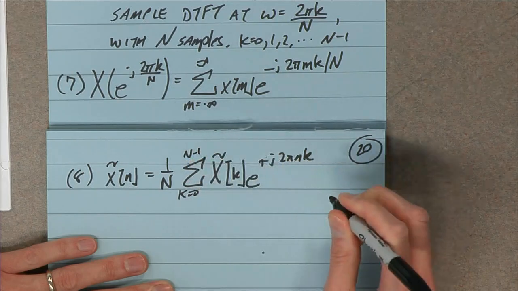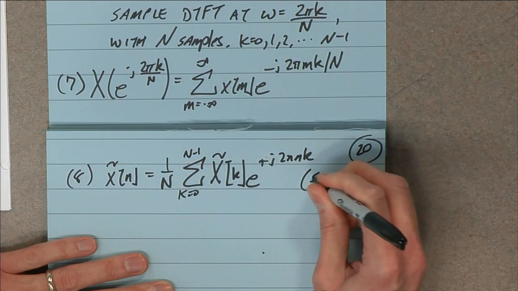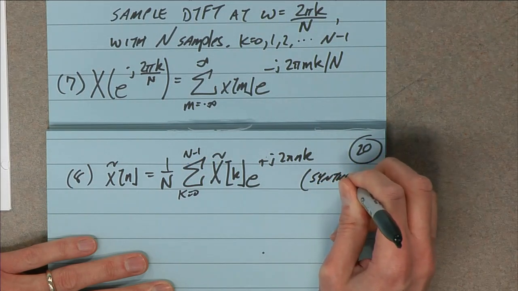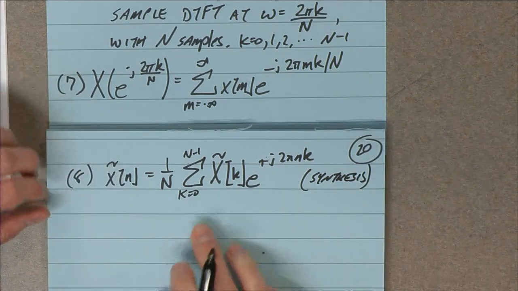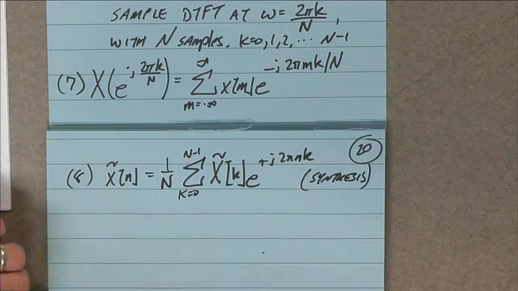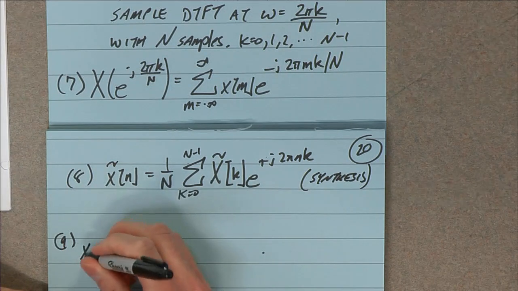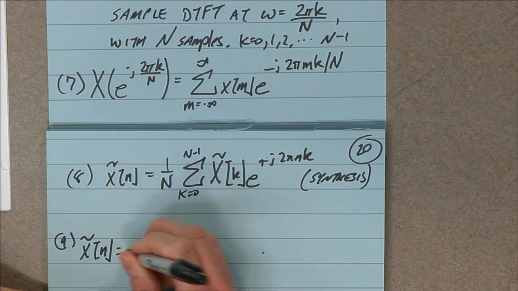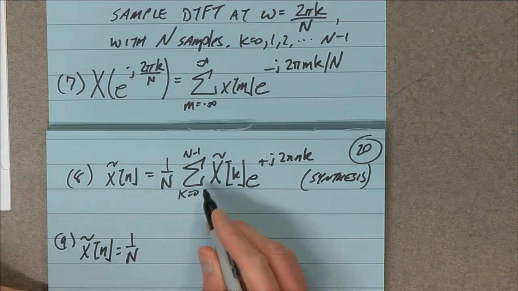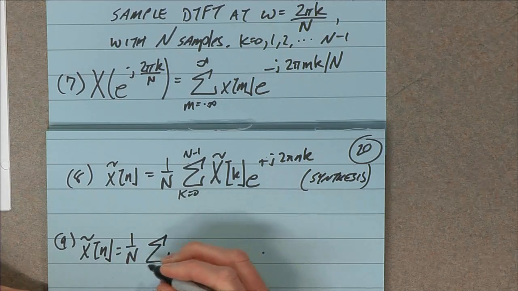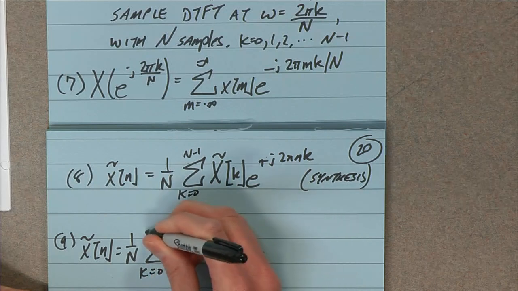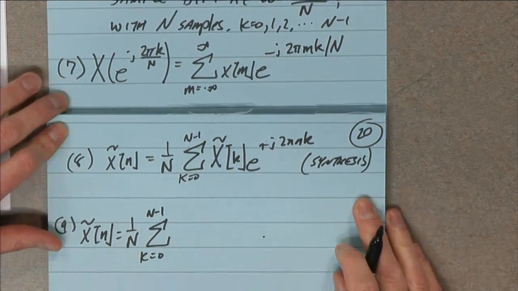And so let's just write this down as the synthesis. So this is from before, but now we're going to apply that to our sequence here and get something that looks a little ugly at first. So we've got 1 over N. We've got this summation, k equals 0 to n minus 1. That's part of our assumption.